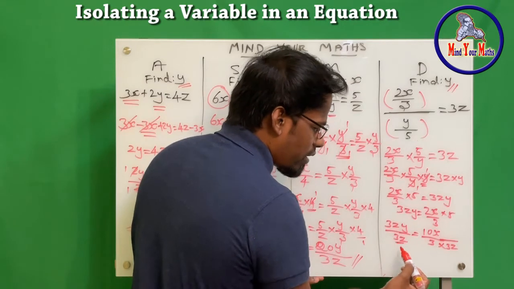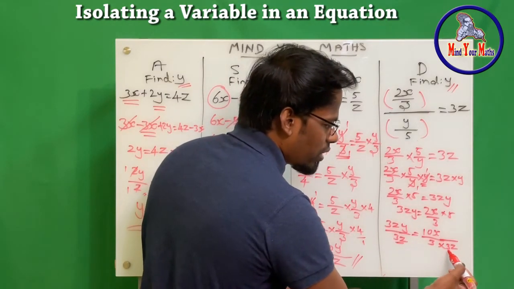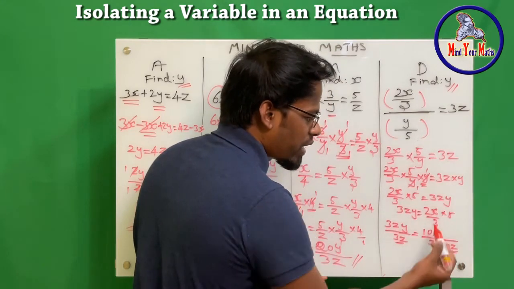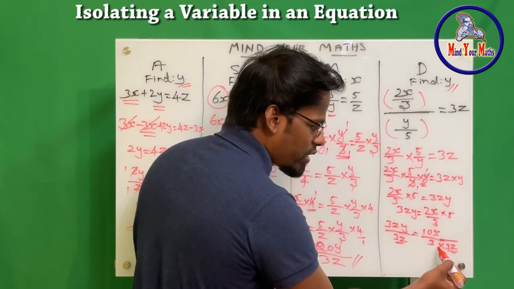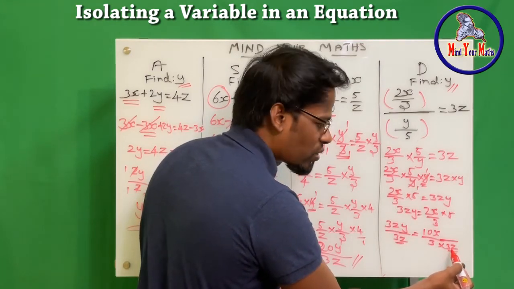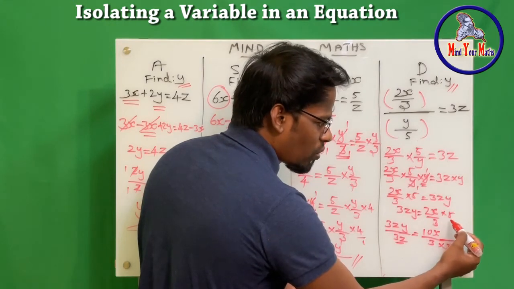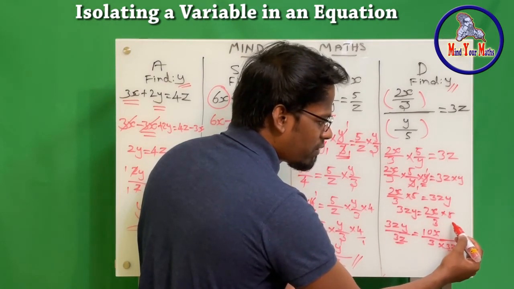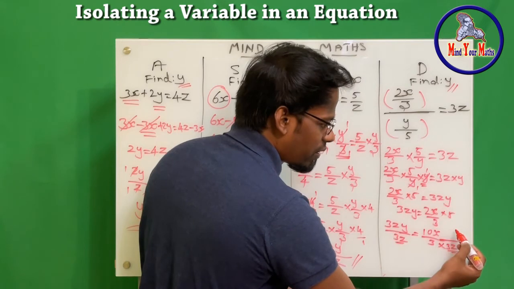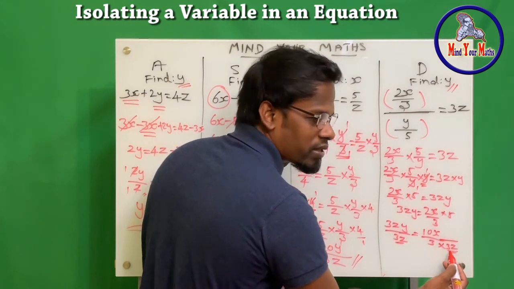Because we are dividing using 3z on the left side, we are also dividing using the 3z on the right side. Because there is already 3 here, we just put multiplication and then put the 3z here. You can even put it directly here, because there is no denominator at the 5 side, but this way you understand better why we are putting the 3z here, right?